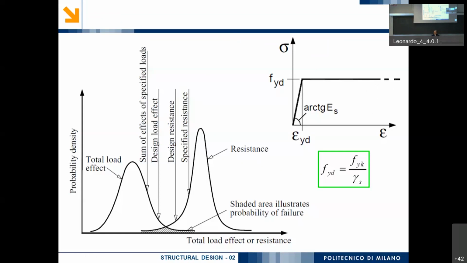Why am I saying this? Because now I'm switching from a behavior which is assumed as linear, as the one in mechanics of materials, to a classic behavior of a material in structural design. And in structural design, generally we assume, for example, for steel, that the material possesses a non-linear elastic plastic behavior.